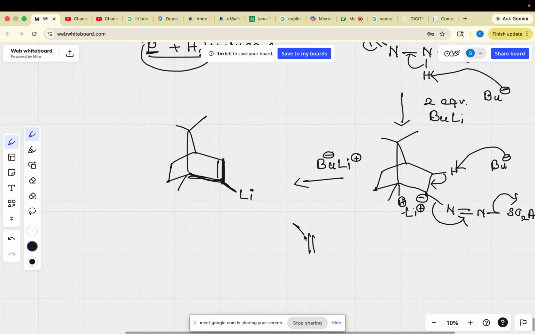Double bond means sp2 hybridized, so this is a planar system. If you have a triple bond also, this is a linear system. So stereochemistry you only need to check when you have only single bonds. With a double bond, this lithium and this bond are in plane.